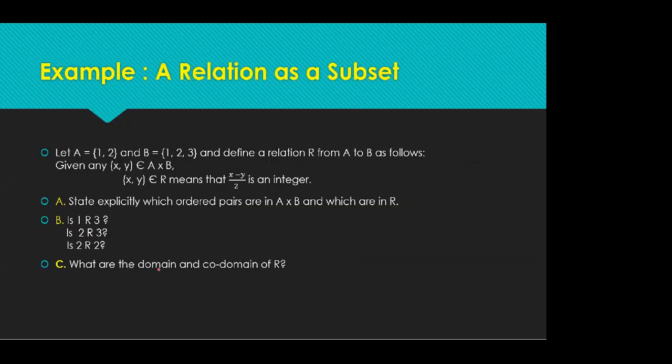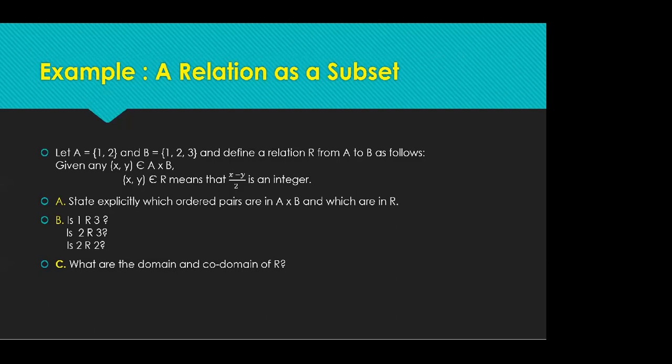So for this, what is our domain and codomain? Anyone, guys? For the domain, it is 1 and 2, and for the codomain, it is 1, 2, and 3.